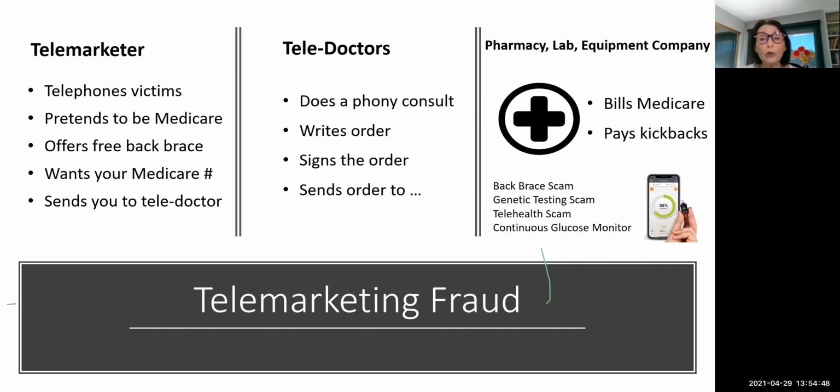You need to talk to your own doctor about medical equipment, telehealth appointments, and if you need glucose monitoring, definitely don't answer the phone and talk to a telemarketer, and do not respond to a television commercial that says we can get you anything you want for free.